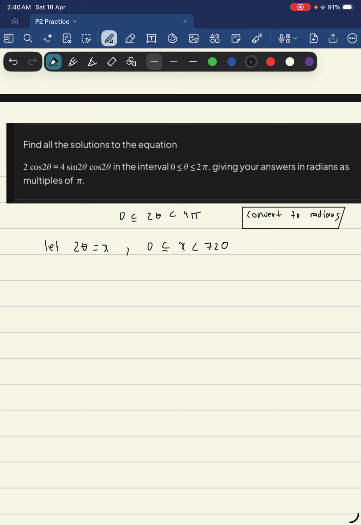Alright, so let's start with the equation. Now that we've set up the range properly, 2 cos x is equal to 4 sine x cos x. Alright, let's see what we can do here. Obviously we can make a tan here, but that wouldn't really make sense.